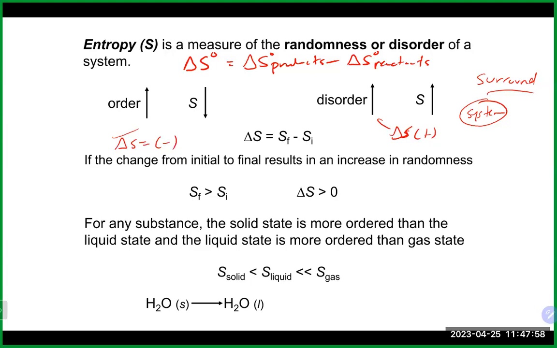Another important difference, as we will talk about in terms of S and H, is actually units. Delta H, which is the enthalpy, is typically in kilojoules. And as we will see, delta S is typically in units of joules.